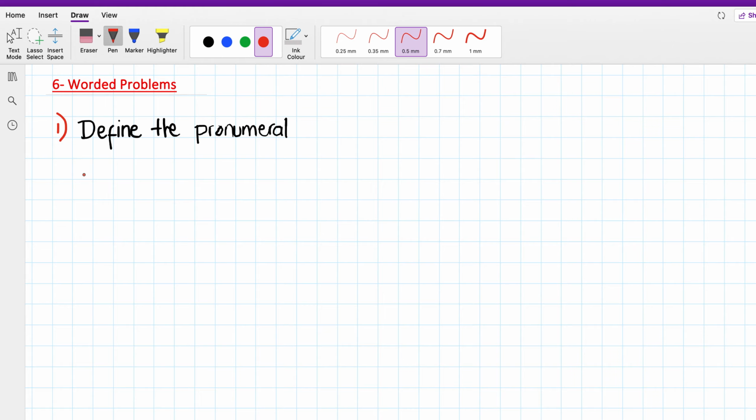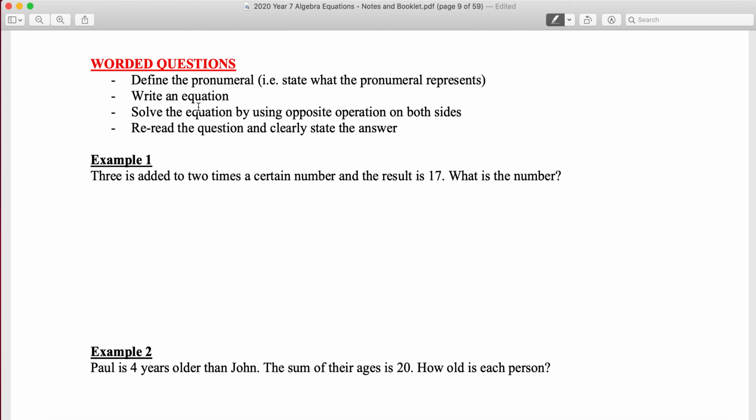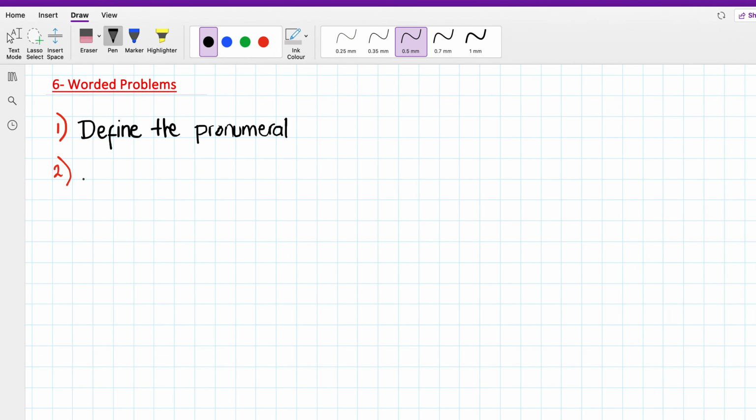Okay, step 2. We're going to write an equation to solve the problem.